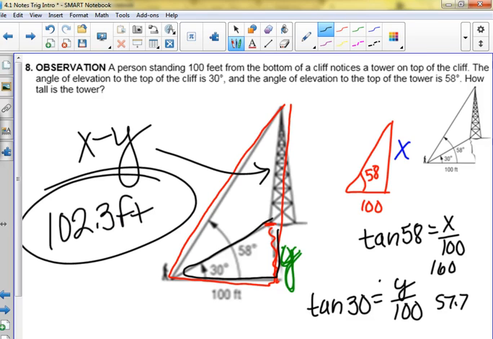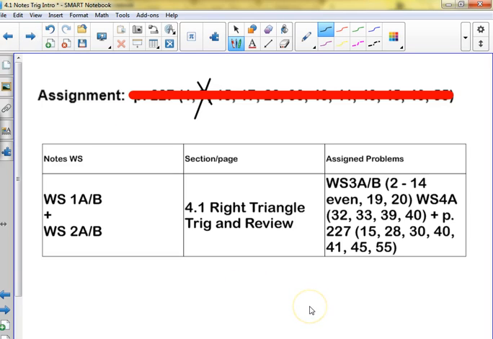Okay. Assignment. It's on the gold sheet. Did everybody pick up the gold sheet? Okay. It's a hot mess. It's a few problems off worksheet 3, a few problems off worksheet 4, and a few problems out of the book, which are the application ones, which is going to be on the quiz, yes?